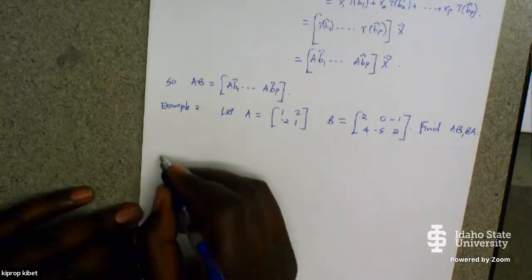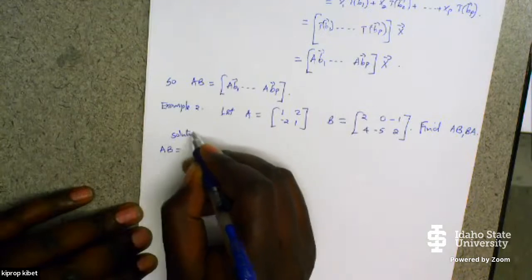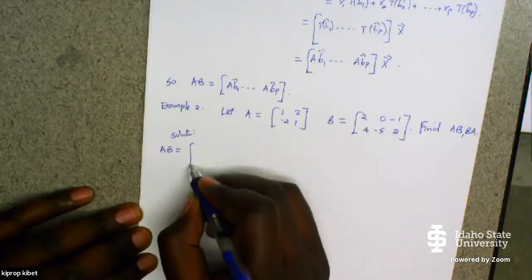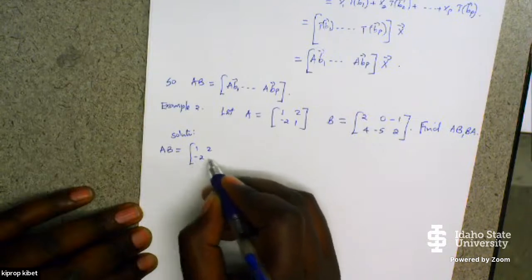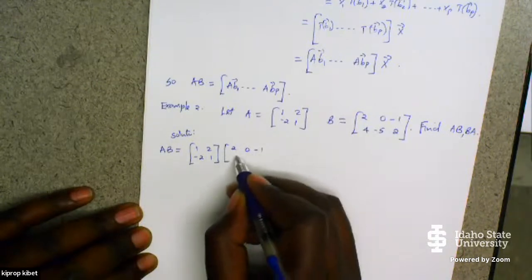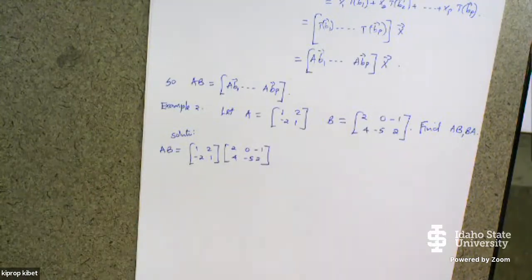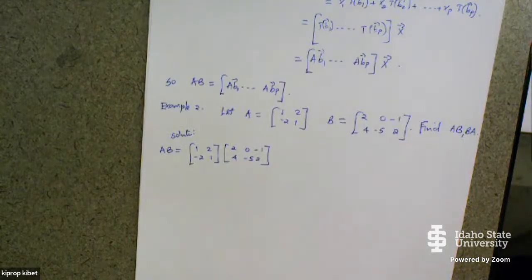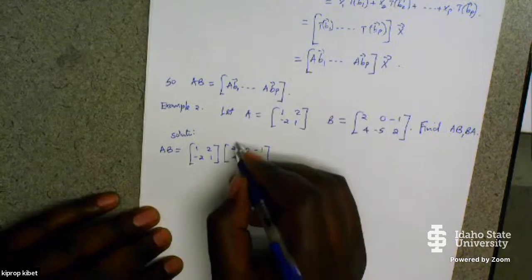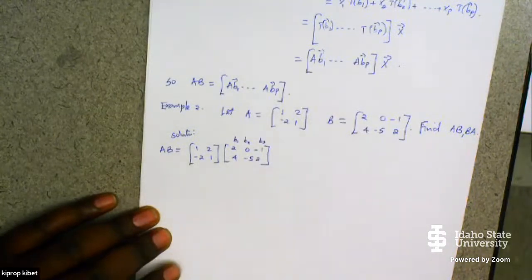Solution: AB equals [1, 2; minus 2, 1] times [2, 0, minus 1; 4, minus 5, 2].